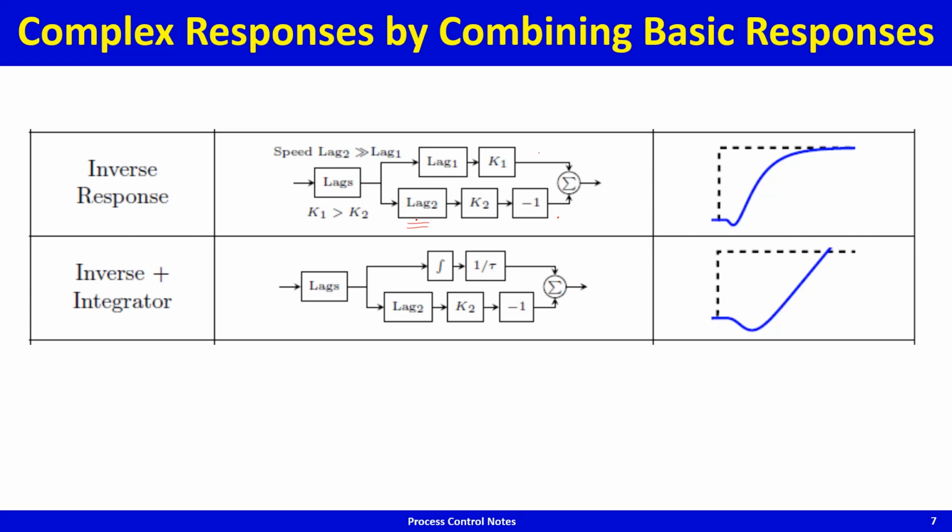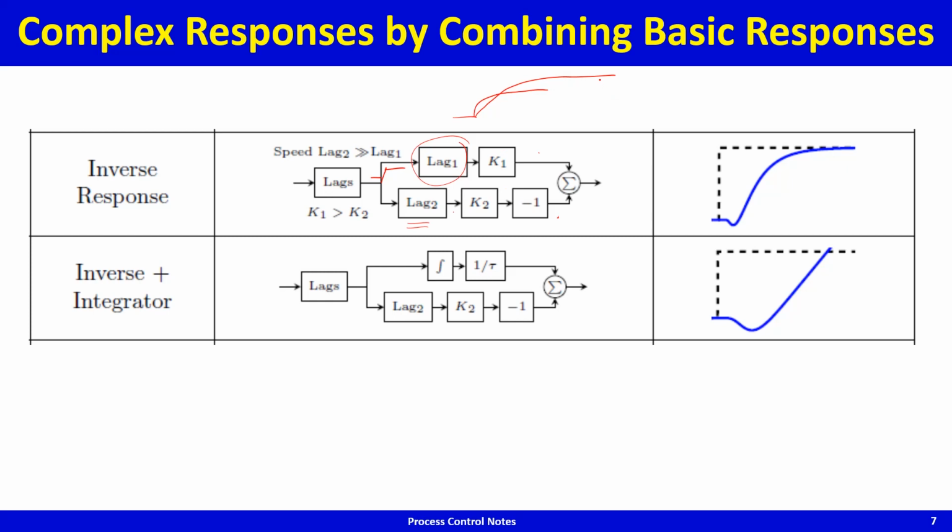So that means if this signal was a step, lag 1 would be an exponential, but it is a slow lag because speed of lag 1 is much less than lag 2. So it will be a slow lag. On the other hand, this would be a fast lag. So this would actually quickly go.